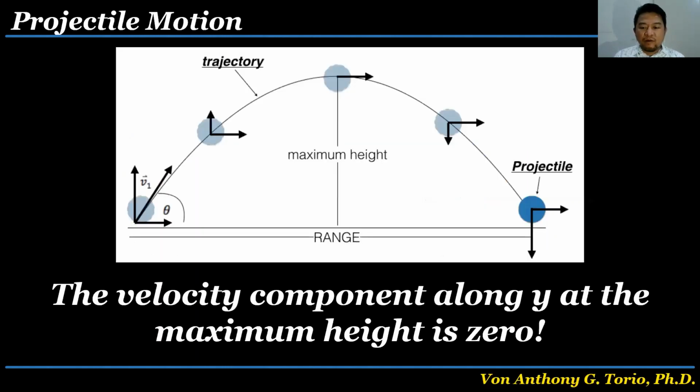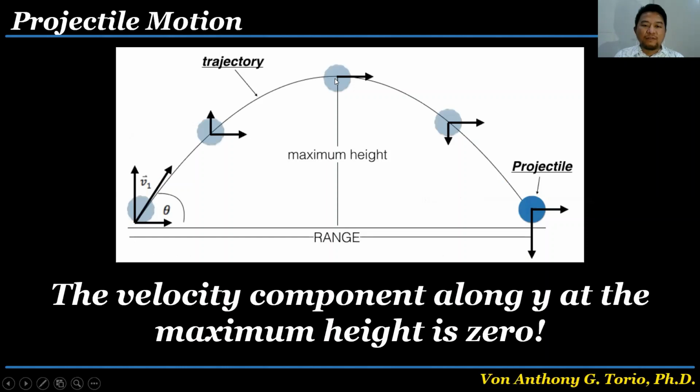There. So the velocity component along y at the maximum height is 0. This is another trivia that we should take note of. Although I've already mentioned it earlier, it's important for us to reiterate that it's the y component of the velocity that becomes 0 at the maximum height.